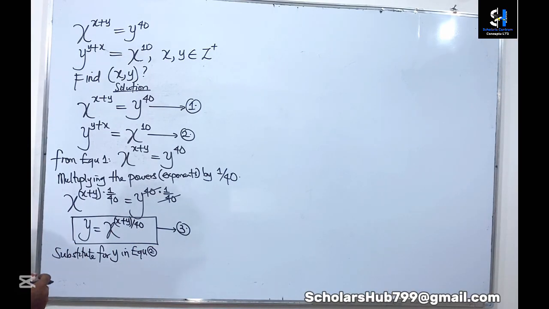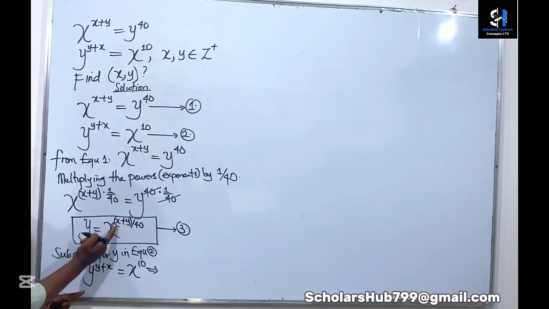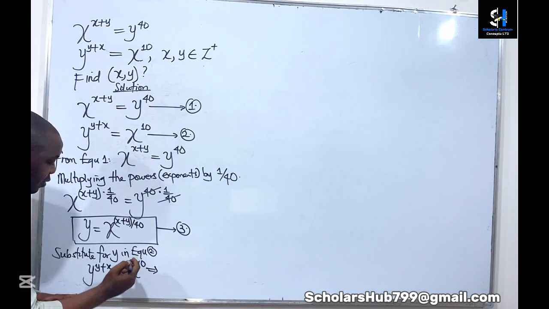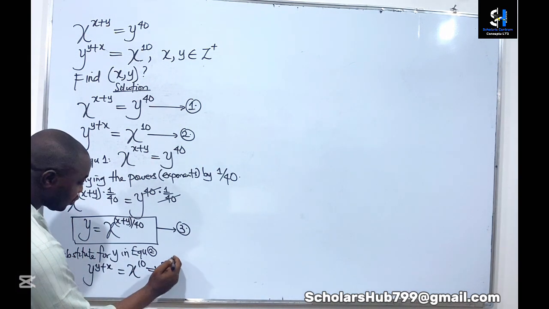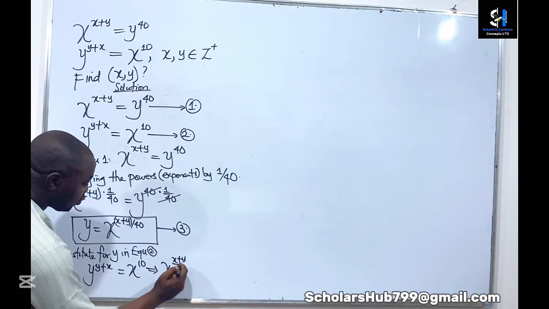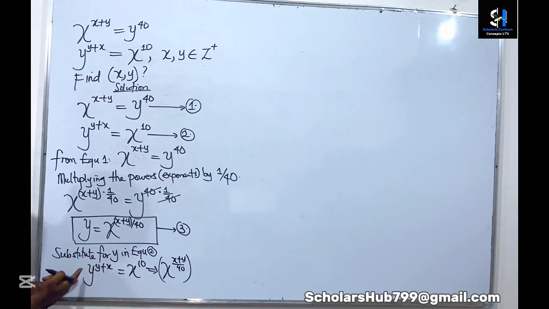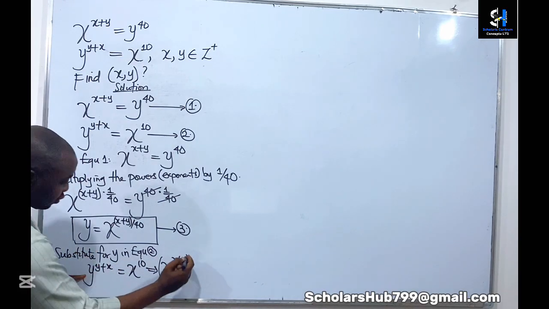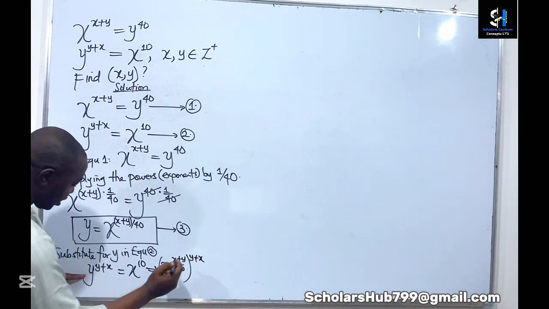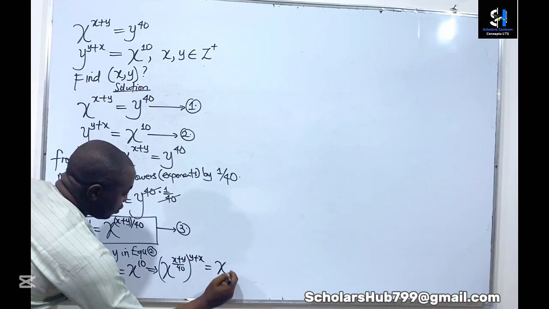Now, in equation 2, we have y raised to the power of y plus x equals x raised to the power of 10. So now that y equals x raised to the power of x plus y divided by 40, this will be x raised to the power of x plus y over 40, which is y, then raised to the power of y plus x, equals x raised to the power of 10.